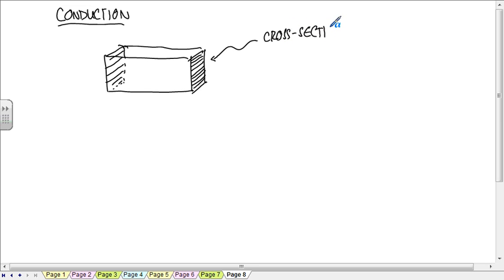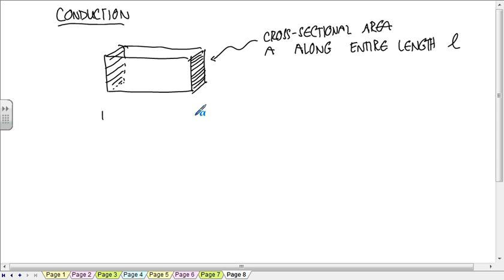So cross-sectional area A along the entire length L, where this is L.